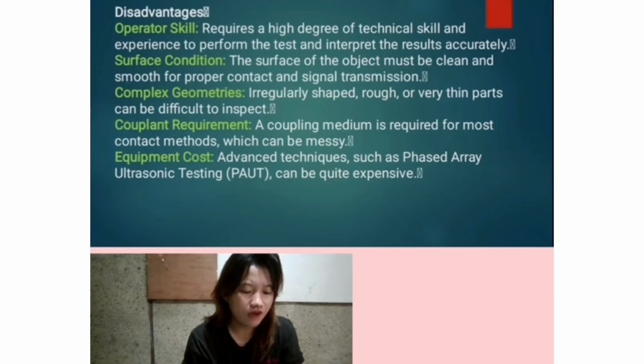The surface of an object must be clean and smooth for proper contact and signal transmission. Complex geometries. Irregularly shaped, rough, and very thin parts can be difficult to inspect. Couplant requirements.